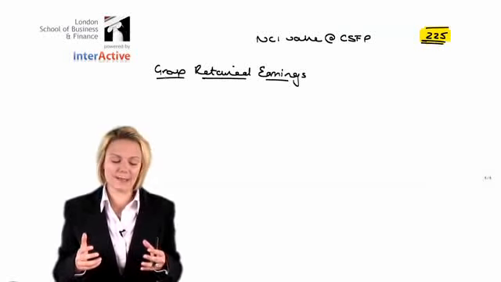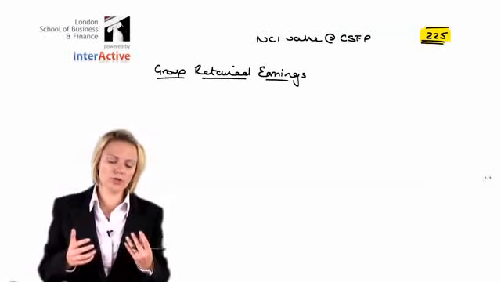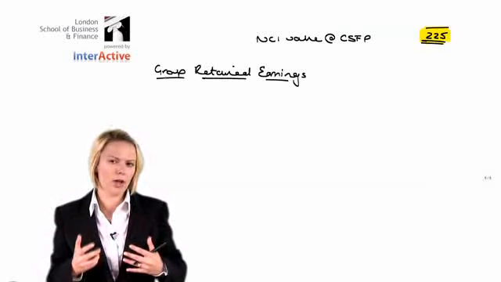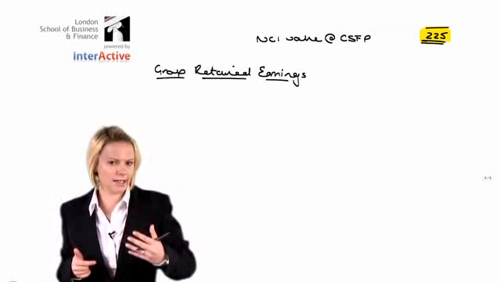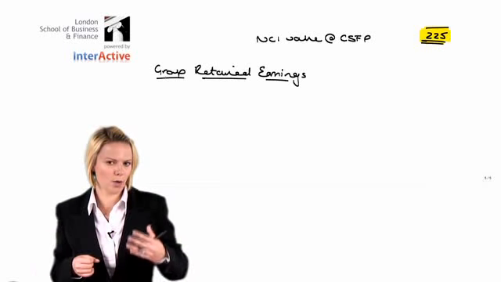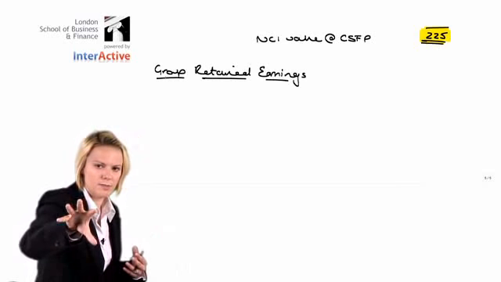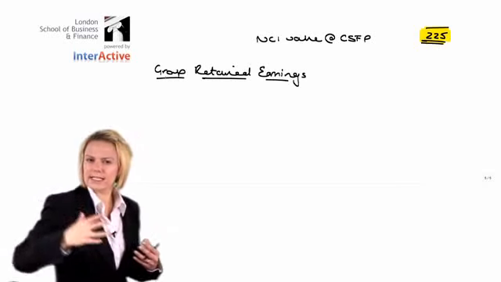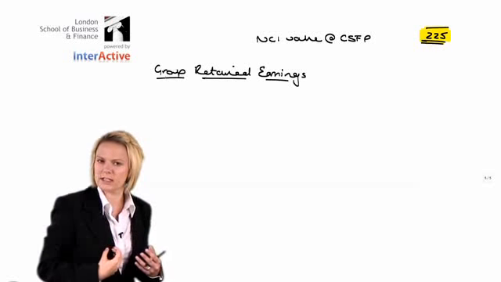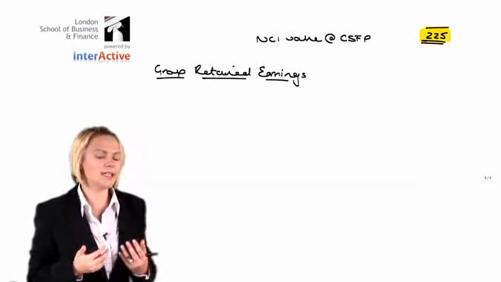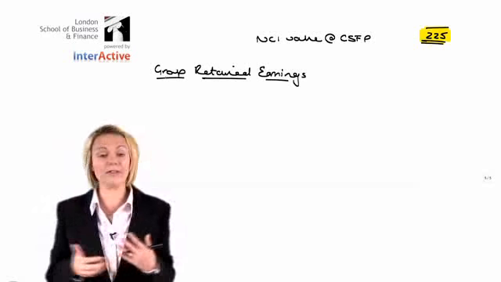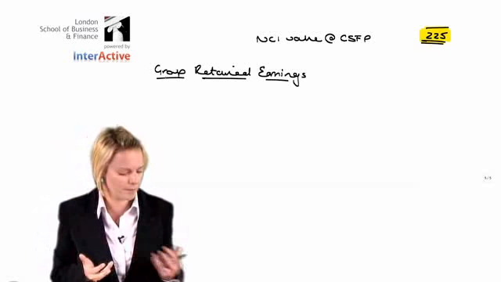Now, do you remember I said that the parent owns all of itself plus 75% of the subsidiary? Well, we've already given the NCI their 25% of the subsidiary, but now we need to give ourselves the other 75% of the subsidiary, and we need to give ourselves our retained profits as the parent.